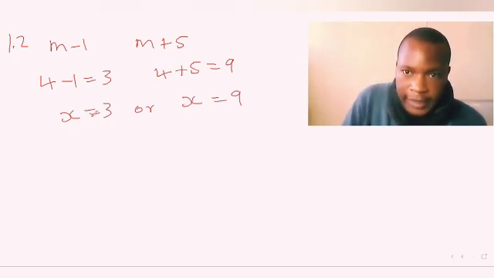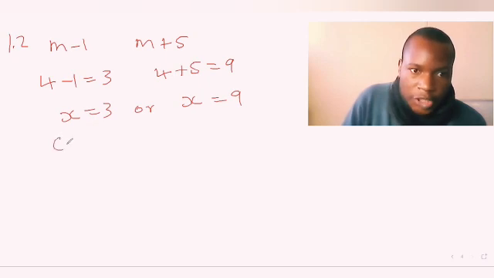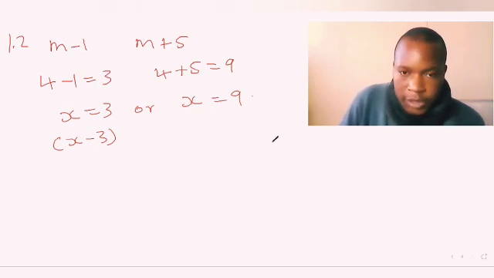So the brackets that we will generate from here would be x minus 3 equals 0, or x minus 9 equals 0.